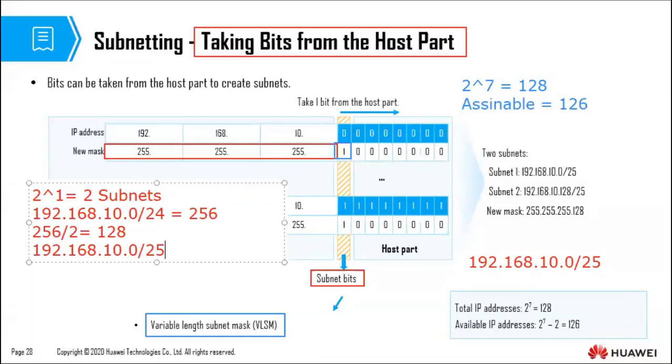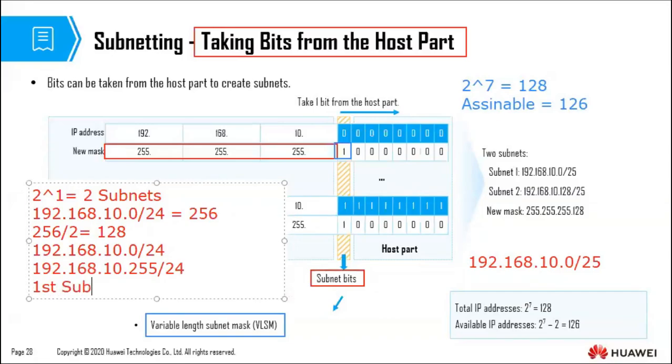Is it making sense? When it was /24, this was the network address, right? And the last one, the broadcast, was 192.168.10.255/24. Now we are breaking this into two networks, so we are going to have two network addresses and two broadcast addresses. For the first subnet, the network address is going to be .0.